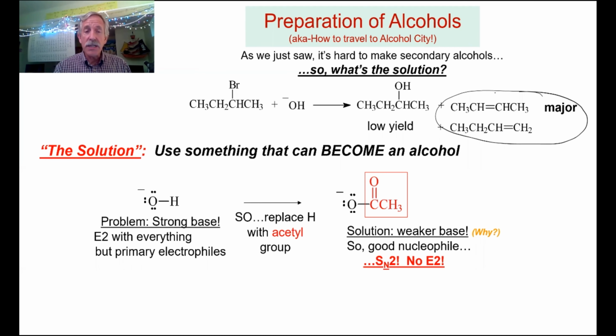The solution is, let's use something that can become an alcohol after we add it. Very much like the mesylates and tosylates that made alcohols better leaving groups so we could do different chemistry with them. What we need to do to make our secondary alcohol is use something that acts something like OH minus, but is not going to cause E2. So we can use what is called an acetate.